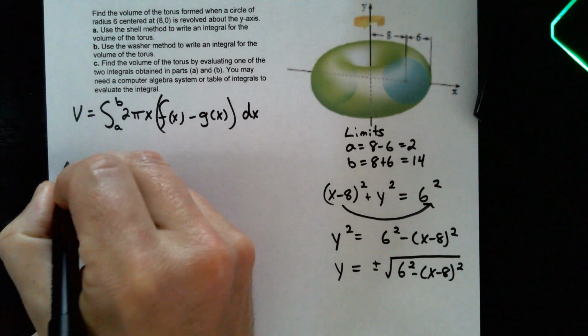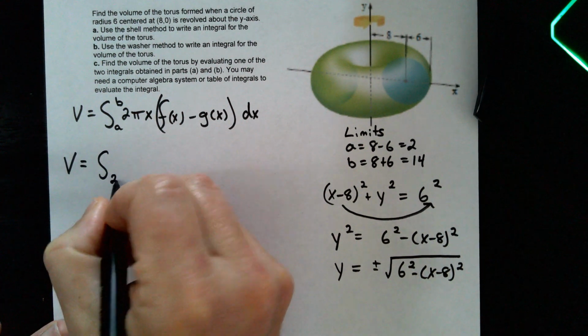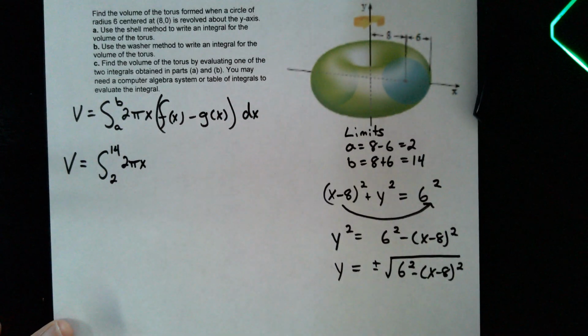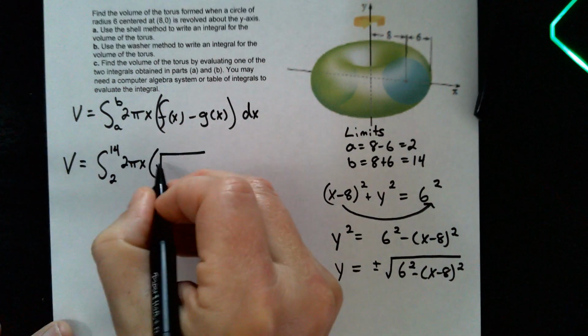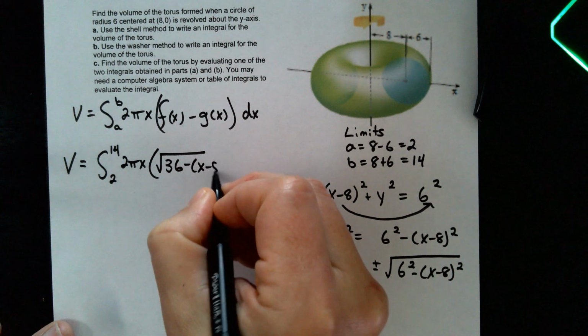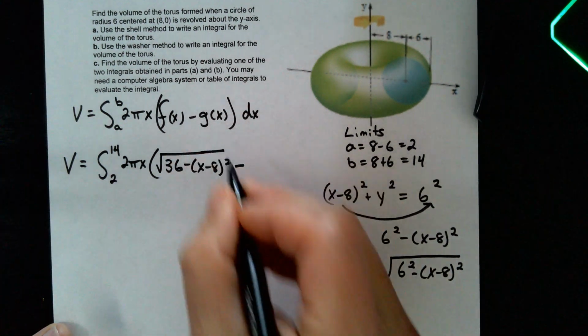So the integral that we're going to set up is from 2 to 14 of 2 pi x times the positive square root of 36, that's 6 squared, minus (x minus 8) squared, minus the negative square root, because of the formula.